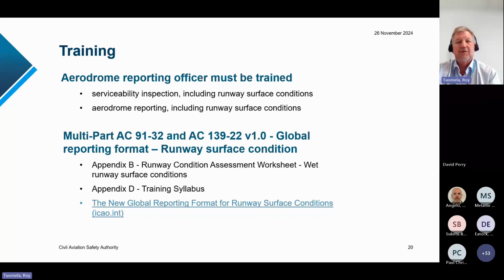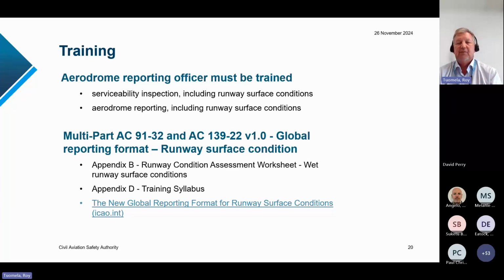Let me just go to the chat. So how do we include this in our aerodrome manual? I'll go over this in the next couple of slides later on, but basically on our website, we already have sample aerodrome manual content that can be included as an appendix to the aerodrome manual.